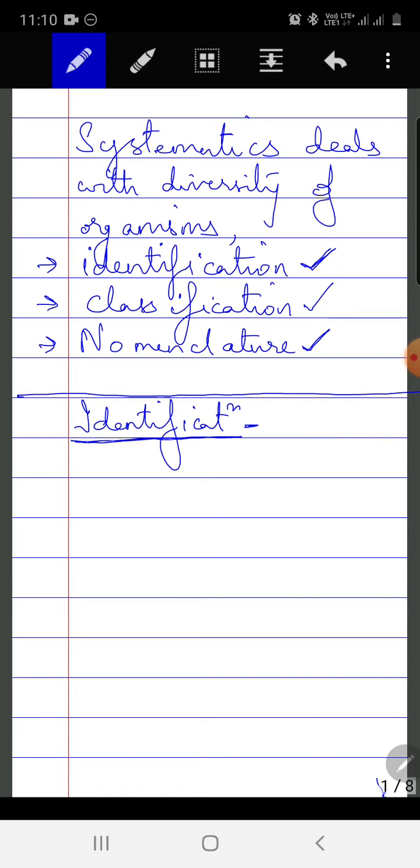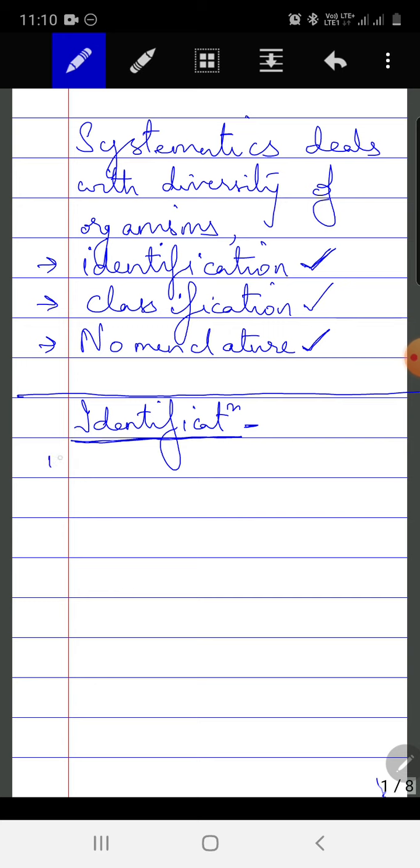Now, when you do this, it's a two-step process. The steps which we have written. First, you record the data, you observe the organism, you observe the shape, the color, the size, whatever, right? And then you compare. But for the comparison, you basically need a set of definitions for each and everything.